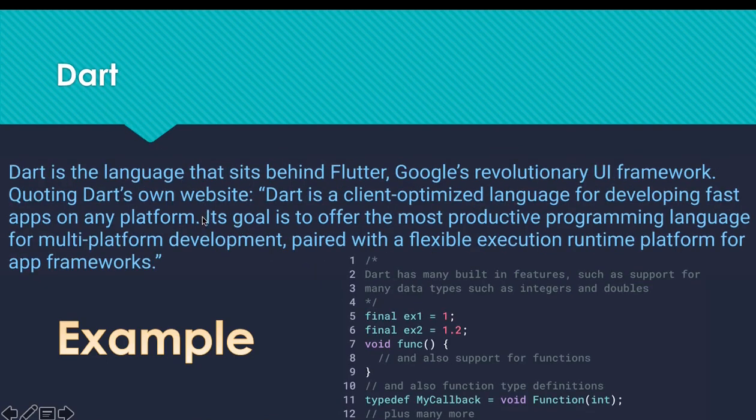What is really Dart? Dart is the language that sits behind Flutter, Google's revolutionary UI framework. Dart is a client-optimized language for developing fast apps on any platform.